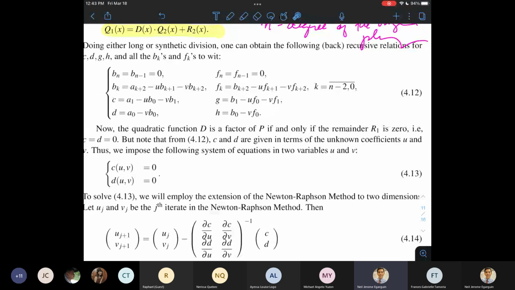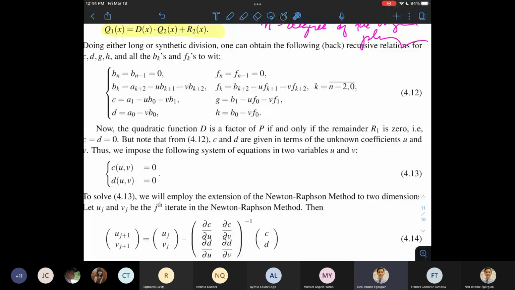Alright? So ganun yung gagawin. So at this point, kapag alam nyo si u at si v, makokompute nyo yung coefficients ni q1, coefficients ni q2, coefficients ni r1, coefficients ni r2. Makokompute nyo silang lahat. Okay? That is, if you know u and v.